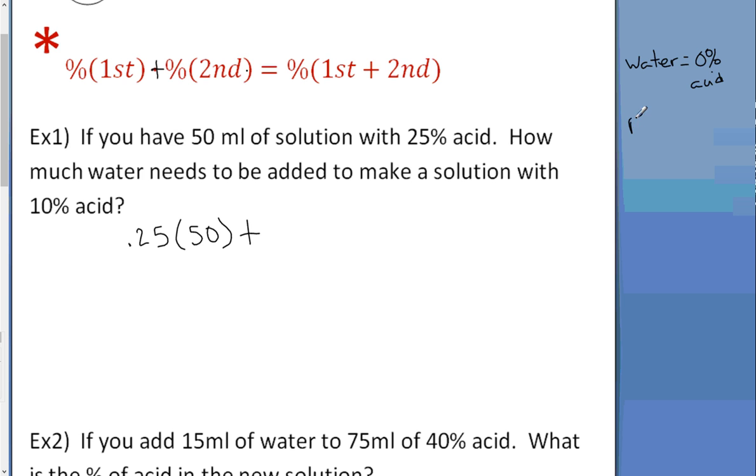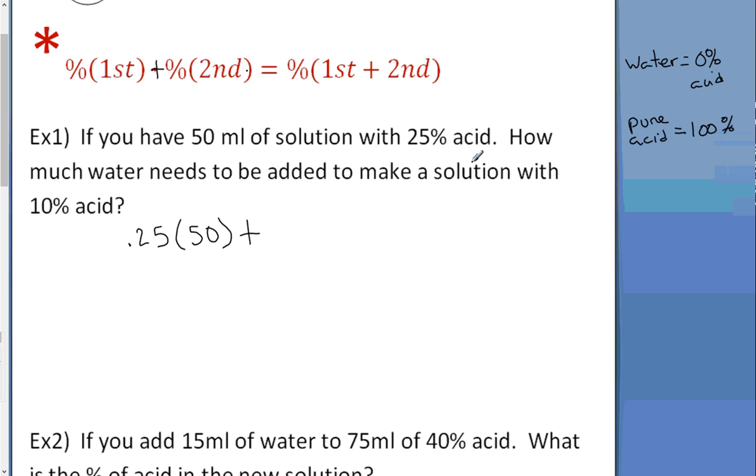And pure acid is 100% acid. So when they say they're adding water, what they're basically saying is they're adding a mixture that has no acid in it. And when they say they're adding pure acid, they're basically adding a mixture that is 100% acid.